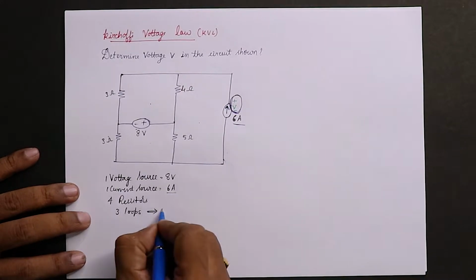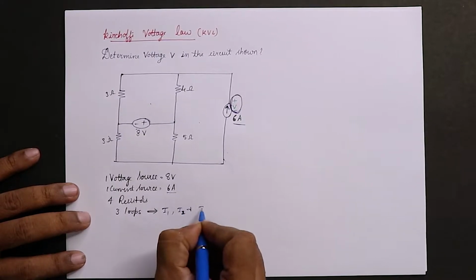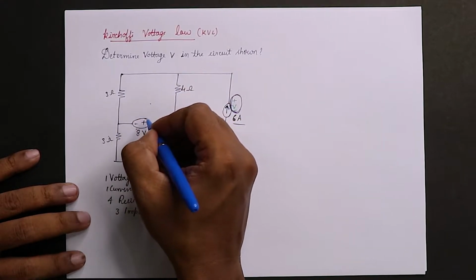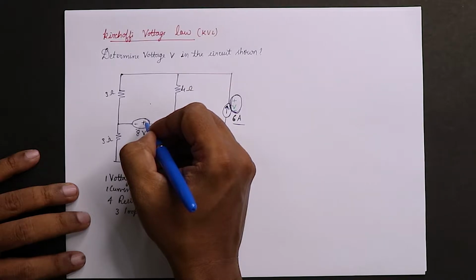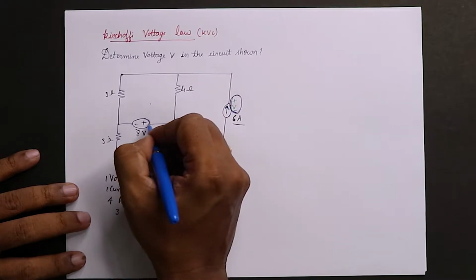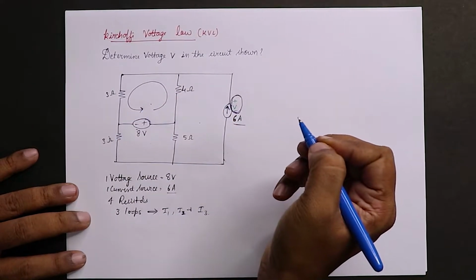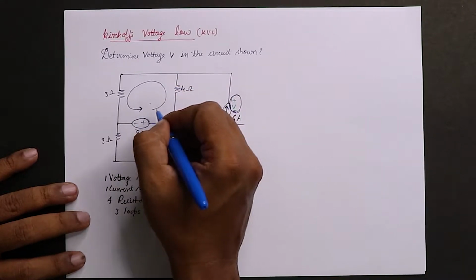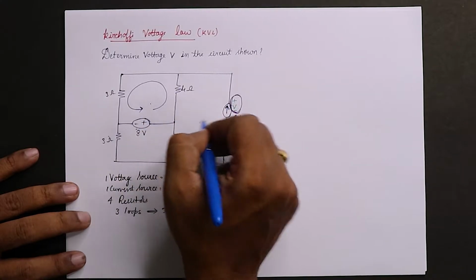The 3 loops I will be taking as I1, I2 and I3. Let me take the first loop. Current flows from plus to minus, so this is the direction.